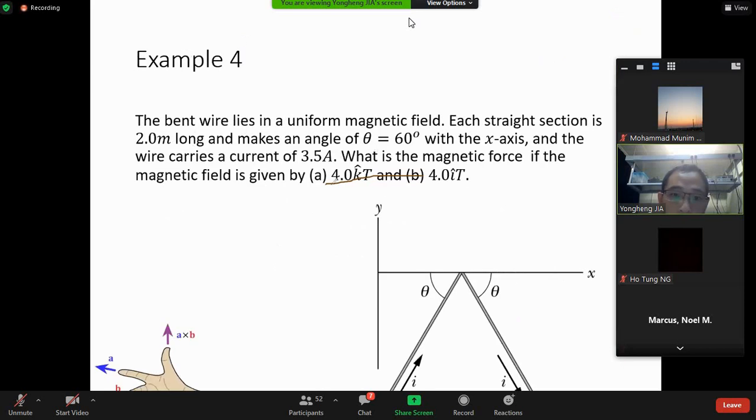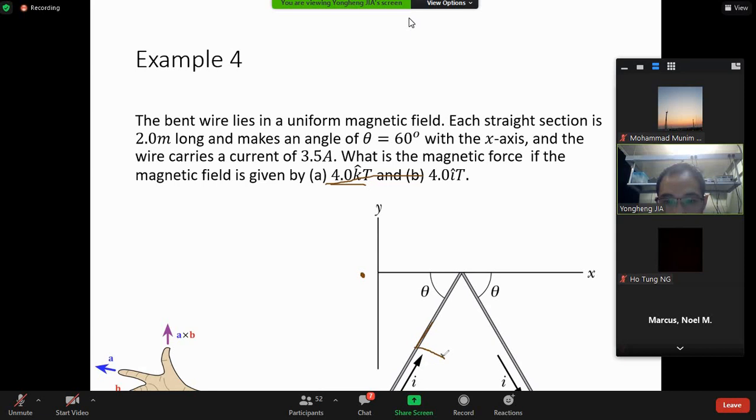Now let's look at the question here. For the first question, the magnetic field is in the K direction, which means it points out of the blackboard, right? Now for the magnetic force on line 1, this line will suffer a force in this direction.